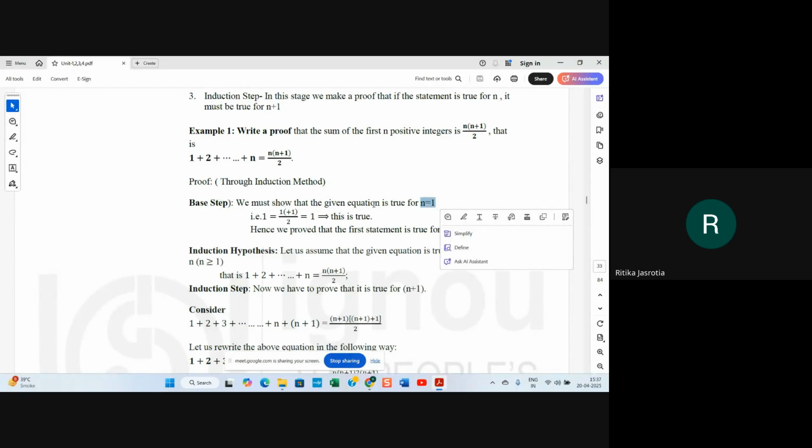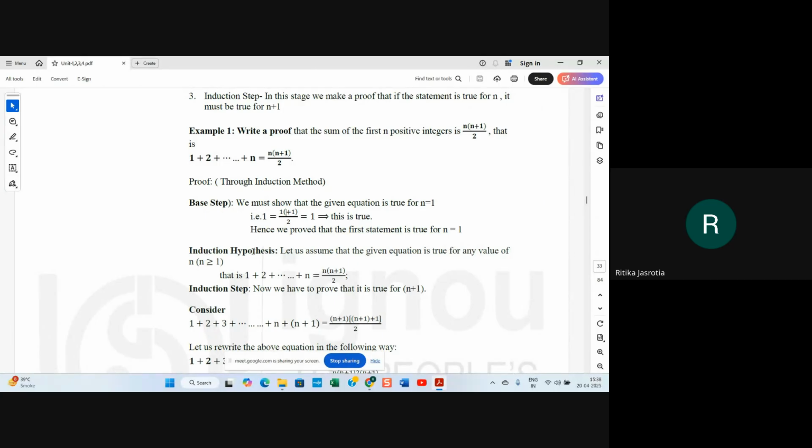We must show that the given equation is true for n is equal to 1. So we put 1 here, and 1 plus 1 upon 2. Here 1 plus 1 is 2, and 2 into 1 is 2, and 2 divided by 2 is 1, right? Here they have not written 1, but it is 1. So this is true. We proved that the first statement is true for n is equal to 1. So the base step is over.